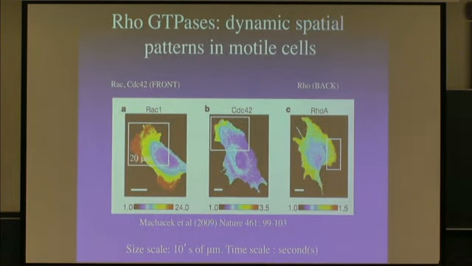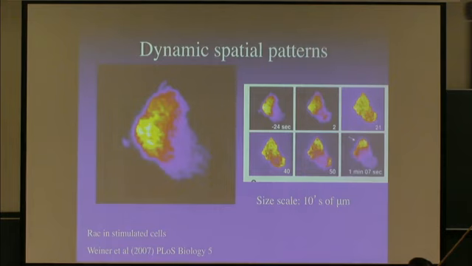Now, in motile cells, it turns out that these proteins form remarkable patterns on a time scale of about seconds. These are patterns in the cell, right, on its surface. And here you see, for instance, RAC and CDC42, which commonly are associated with the front of the cell, where actin is being assembled, and Rho, which quite often is found in the back of a cell, not always, but quite often, associated with rear retraction.